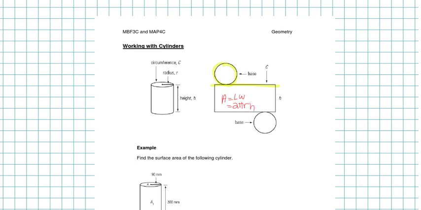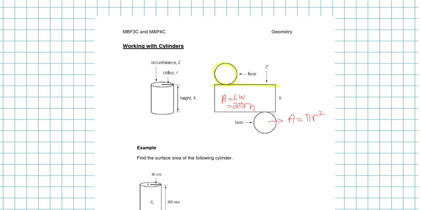So that's the area of the rectangle that you see. Now, the area of a circle is pi r squared. How many circles do I have?